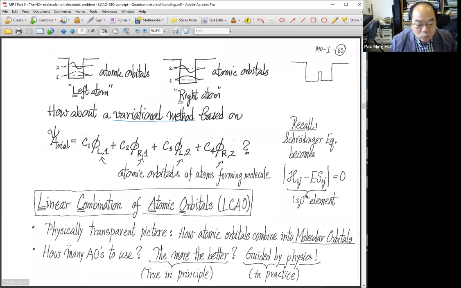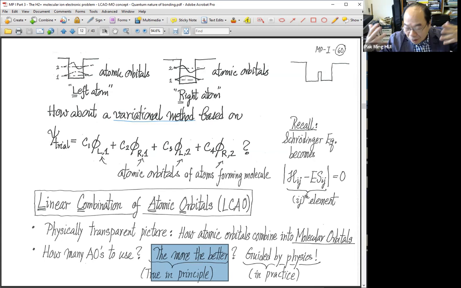Then comes some questions. How many atomic orbitals from each atom to use? Good question. The answer could be lazy. The more the better, of course, in principle. You use more on the left, more on the right. The matrix is bigger, or the basis is more complete or closer to completeness.